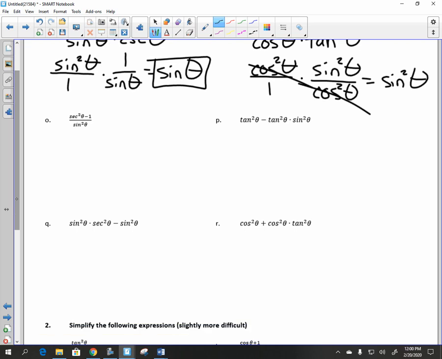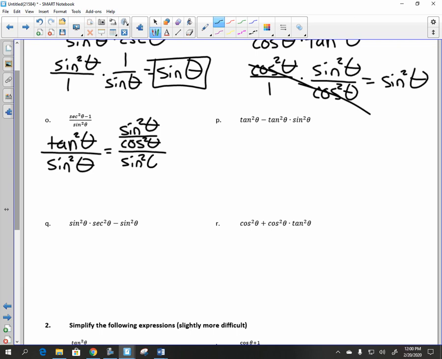Letter O. I wish I knew what secant squared minus 1 was. So I get tangent squared over sine squared. Doesn't that look just like a problem that we did on the first page? Sine squared over cosine squared over what?